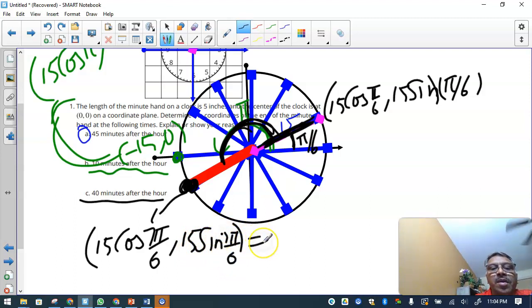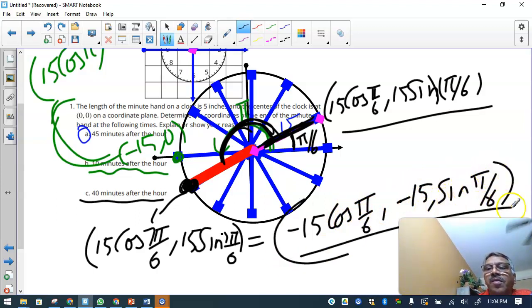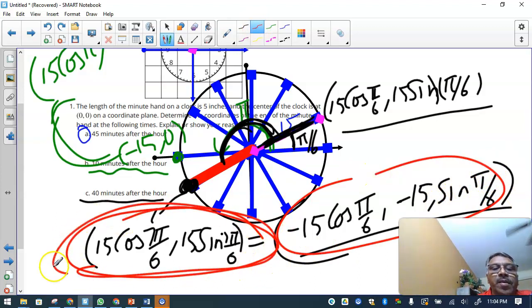Or you could use the same thing but with negative: minus 15 cosine pi by 6 and minus 15 sine pi by 6. This is the main one, but you can see it is opposite too. Whatever is here is the same thing on the other side. The only thing is both are minus minus and these are plus plus.